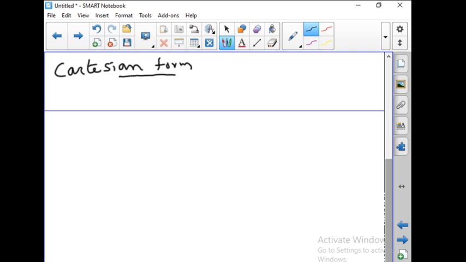Cartesian form, same as we did in the first one. Here we have r vector is equal to a vector plus t into b vector minus a vector.